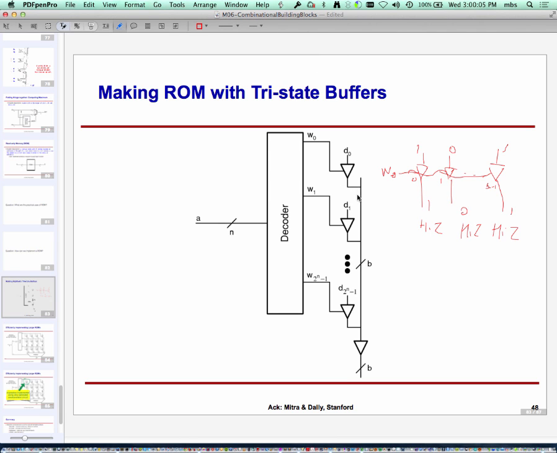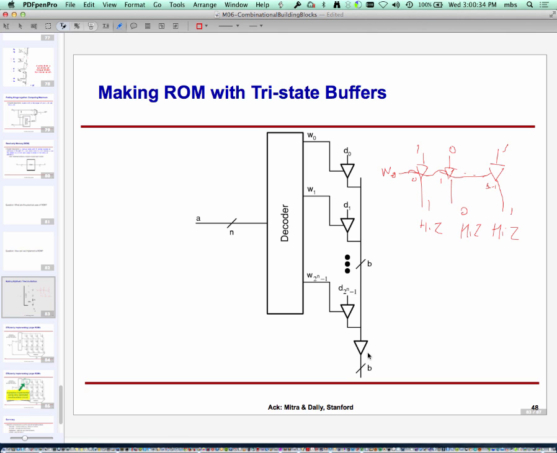It is feeding into a B-bit bus, and the corresponding output of the tri-state buffers at each one of these memory locations connects to the bus. So what will happen is, given an address, exactly one of the decoder outputs will be high, and the corresponding tri-state buffer, its data will get connected to this bus. The others will be cut off because they're off.